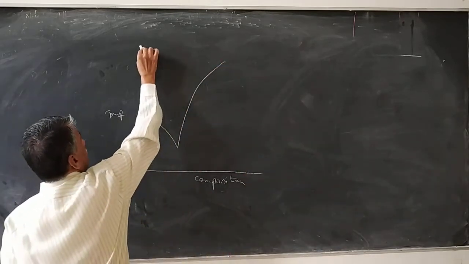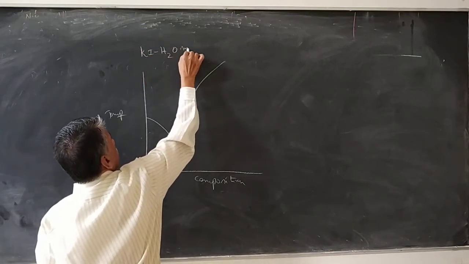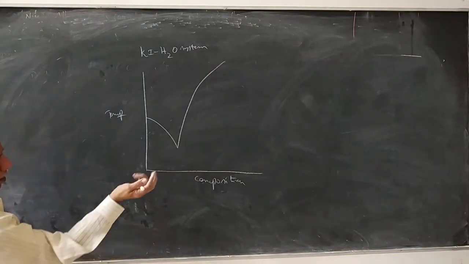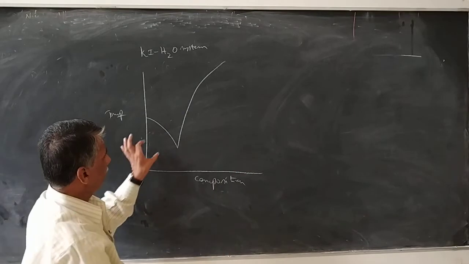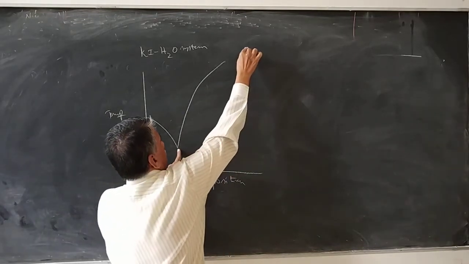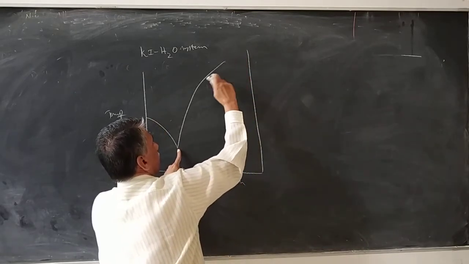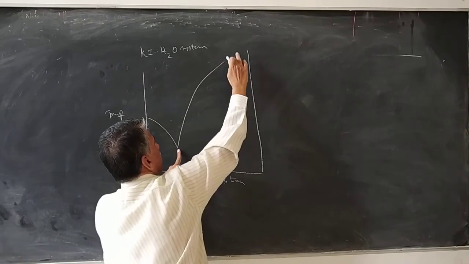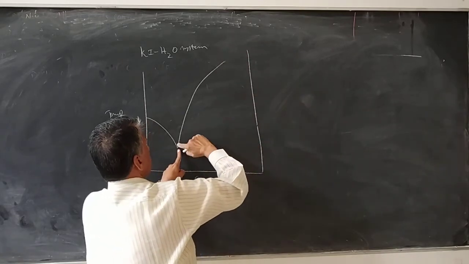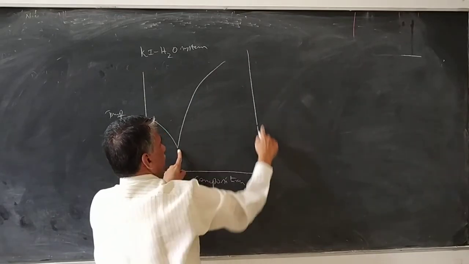So this is the potassium iodide water system, and you just remember the difference between the earlier diagram and this diagram: this curve never cuts this axis, because the melting point of potassium iodide is very high, which cannot be represented on the diagram. So this does not cut this temperature axis.